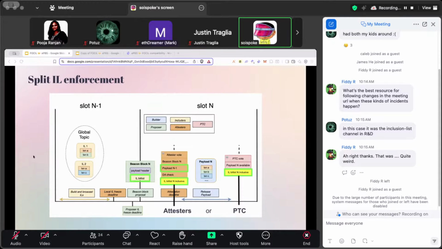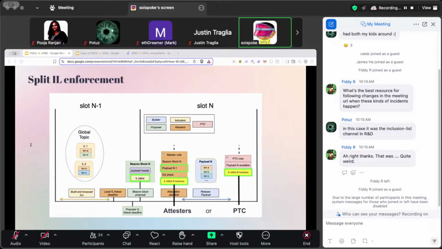So let me go through the PTC option. You can have the attesters not perform that check, the inclusivity check, I mean, and then the PTC vote actually does it. This approach is a bit cleaner in terms of abstraction, from one angle, I guess, because it protects the beacon chain from being reorged due to IL conditions.